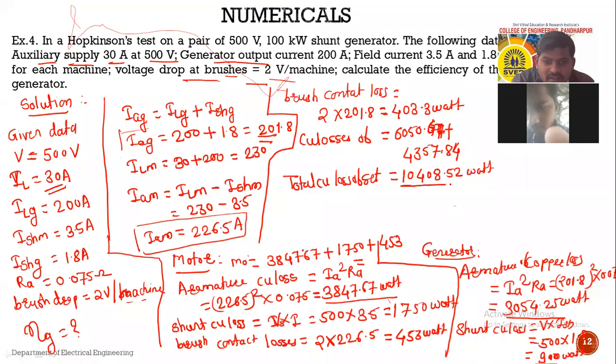So this is the copper loss. हे काय झाले? कॉपर लॉस ऑफ टोटल सेट म्हणजे जनरेटरचे पण कॉपर लॉस आले याच्यामध्ये, मोटरचे पण कॉपर लॉस आले.